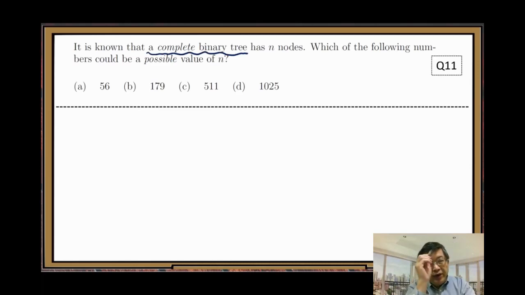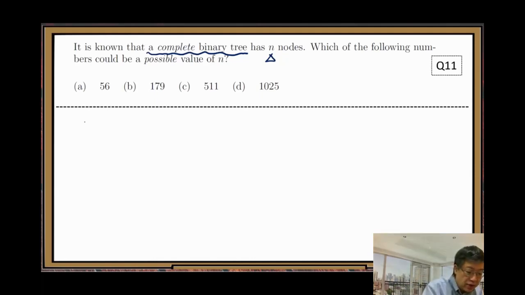When we talk about a complete binary tree, in your mind, you have a picture, right? All levels are full. Then, can you get an idea about the format of this number of nodes n? Can you have that idea?